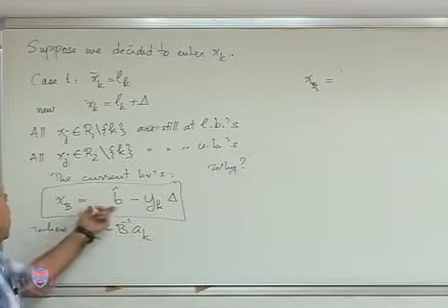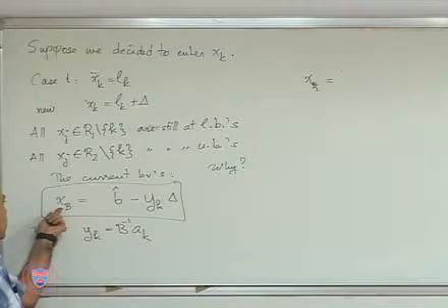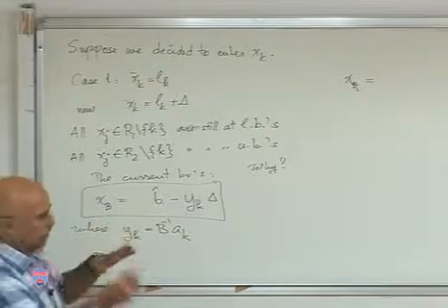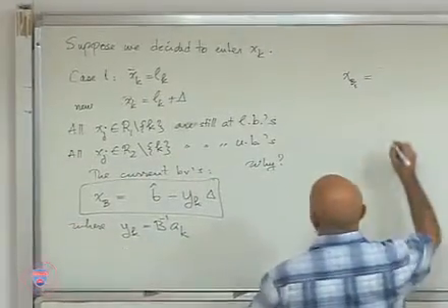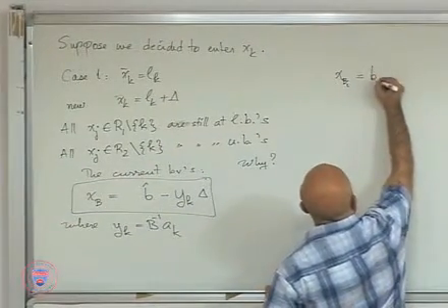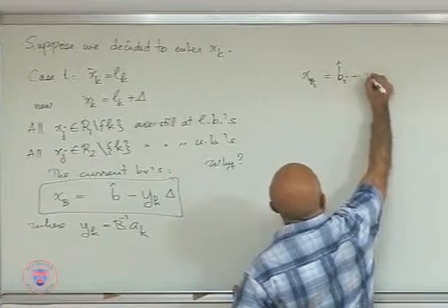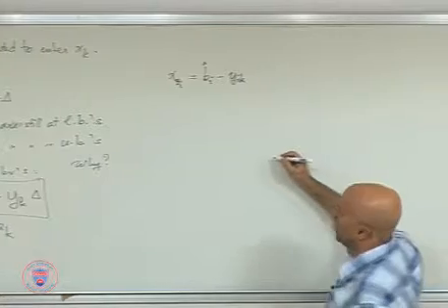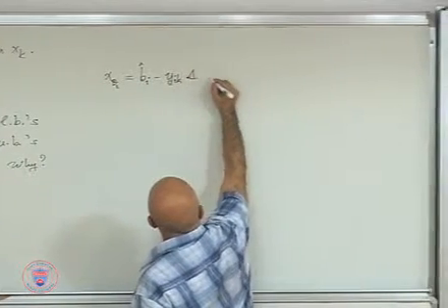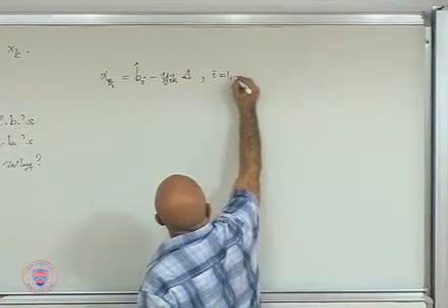B cap gives you the current values of the basic variables. So that's how you've got that. So x_Bi is the current value minus the ith component of y_k times delta.